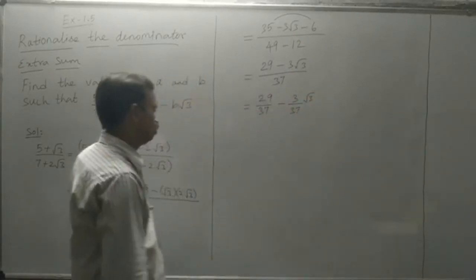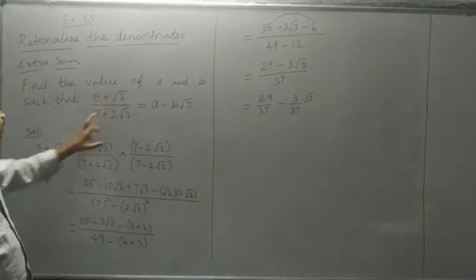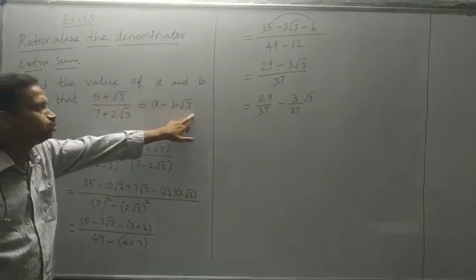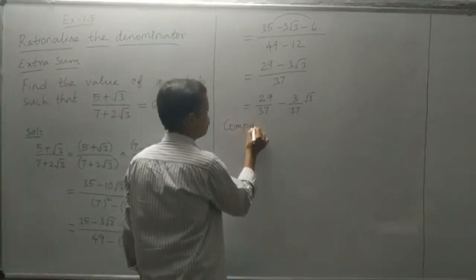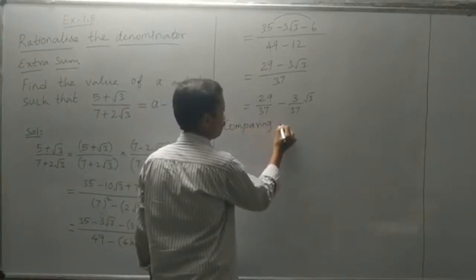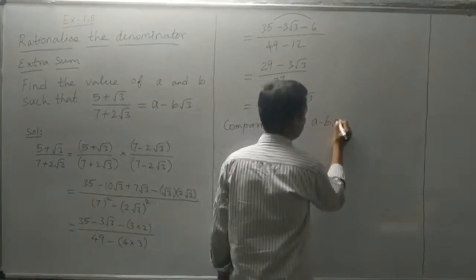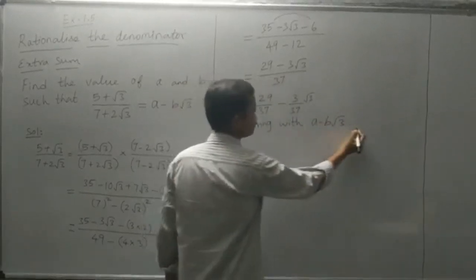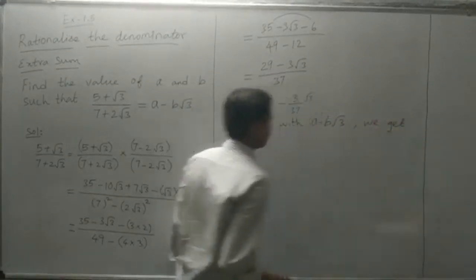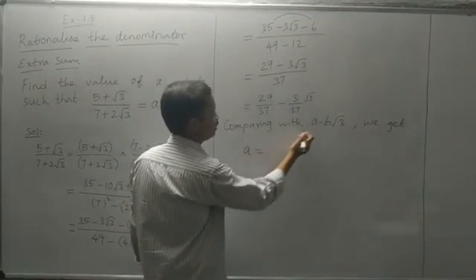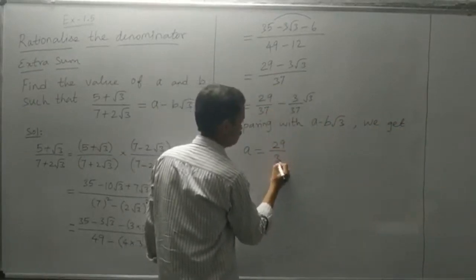So clear? Now, what is given in that question? This left hand side is equal to a minus b root 3. So comparing with a minus b root 3, we get a equal to, instead of a, 29 by 37.